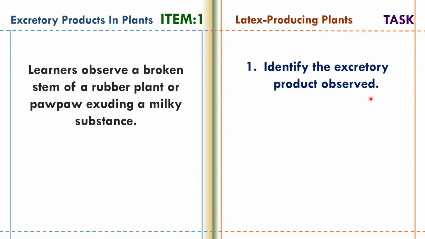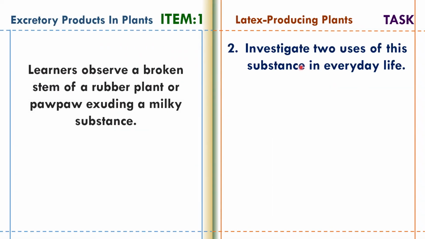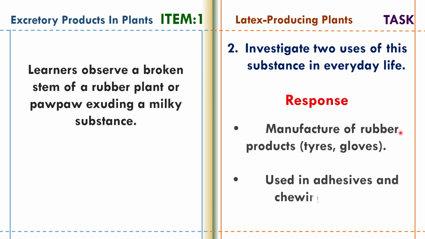Identify the excretory product observed. It is latex. Investigate 2 uses of this substance in everyday life. Manufacture of rubber products like tires and gloves, used in adhesive and chewing gum.